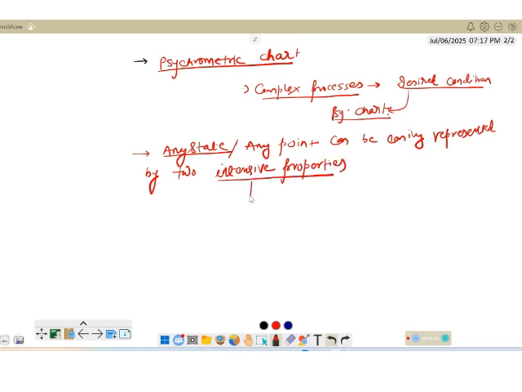That is, if we have two intensive properties known for atmospheric air, we can easily mark that point on the psychrometric chart.